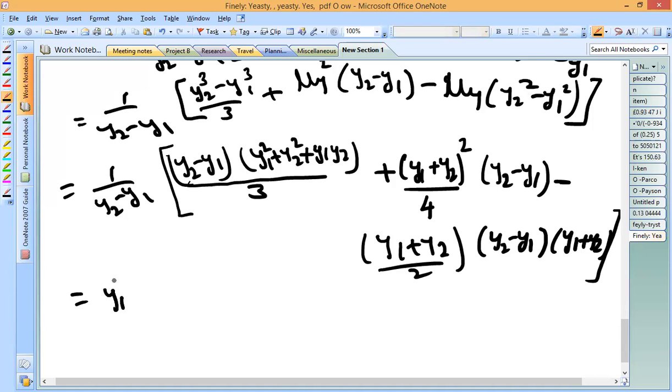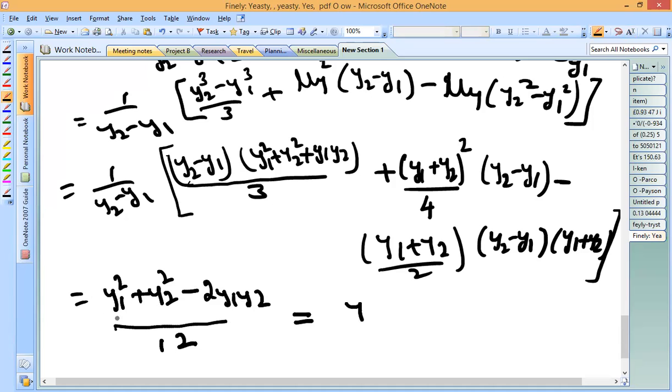All the steps are written; you only need to simplify this. (y1 square plus y2 square minus 2 y1 y2) all divided by 12 you will get. This is in the form of a square plus b square minus 2ab, so we can write that as (y2 minus y1) whole square divided by 12. So this is the equation of variance.